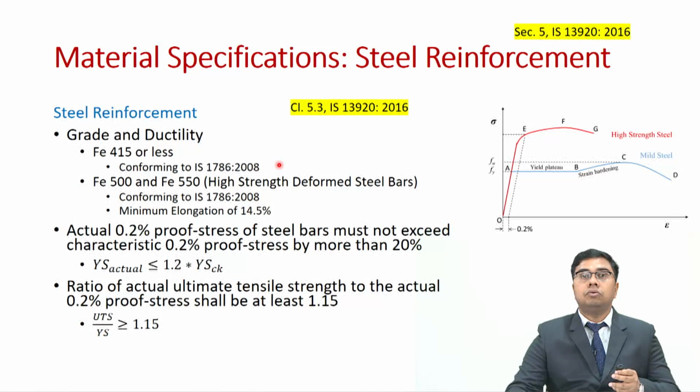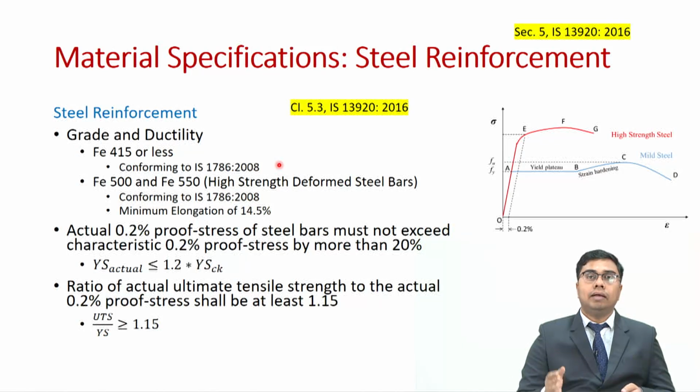But when it comes to higher grades of steel, let us say Fe 500 or Fe 550, then in that case only conforming to the guidelines in IS 1786 is not sufficient. In that case, we need to also measure the elongation in the steel reinforcement bar. Elongation is represented by the strain value.